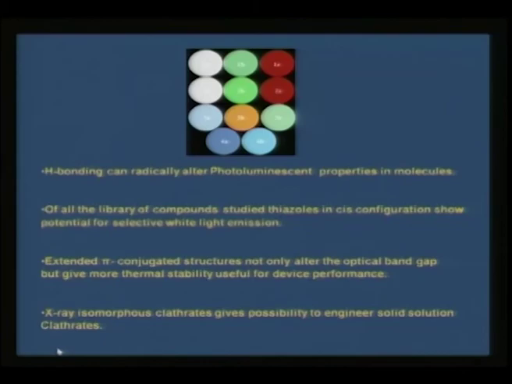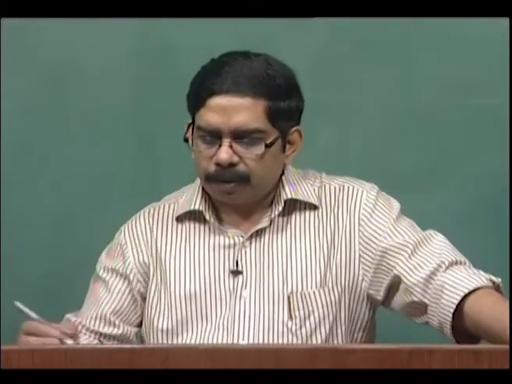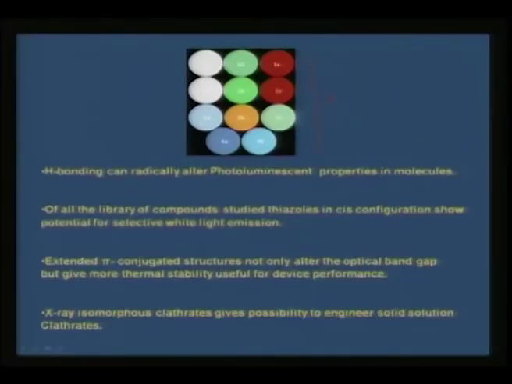Having said this, I just want to make a quick summary. In the first place, we looked at the specificity of these aromatic compounds, benzheterozoles, and I have shown you that 1A and 2A preferentially show white light, the imidazoles show green, and the oxazoles show red emission, and a combination of thiazole and oxazole or thiazole and imidazole leads to either orange or blue.